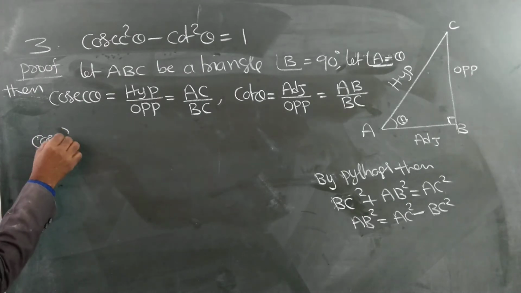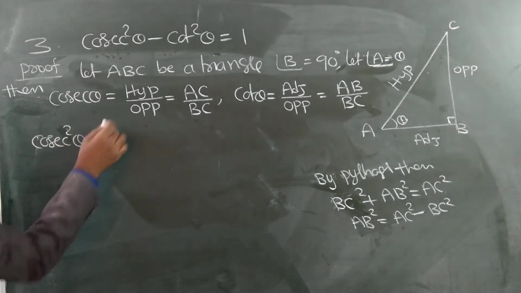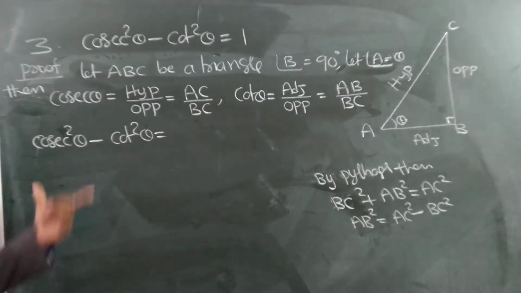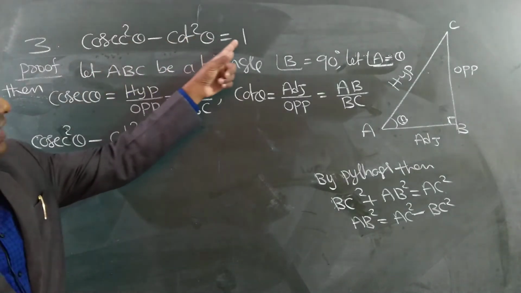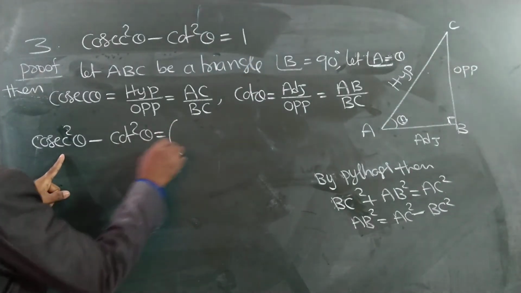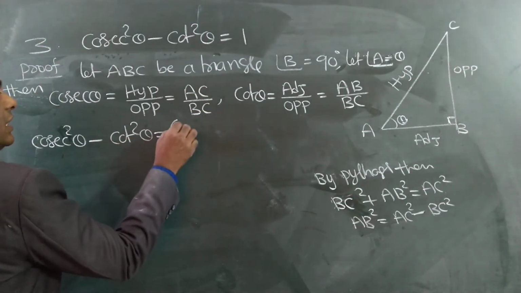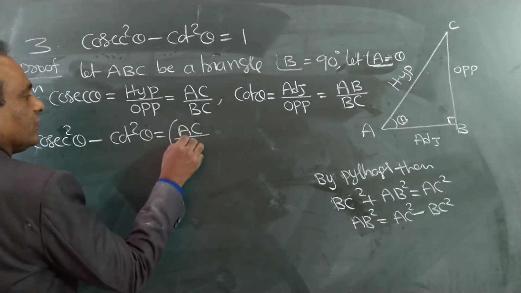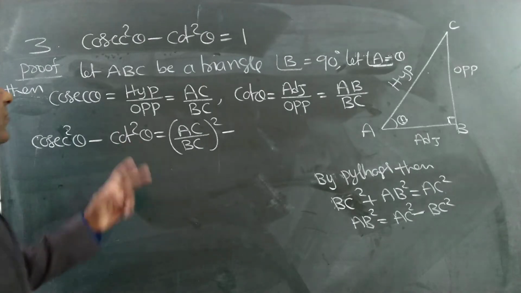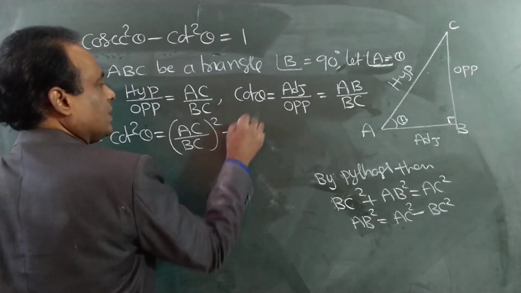Cosecant square theta minus cot square theta. I want this value, and I have to get the answer 1. The cosecant definition is AC by BC, and the cot definition is AB by BC.